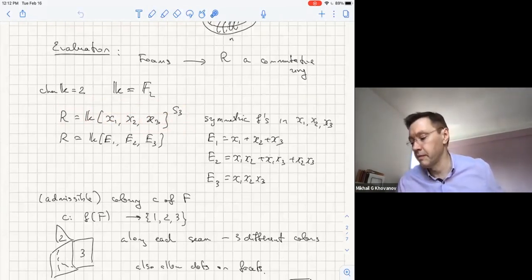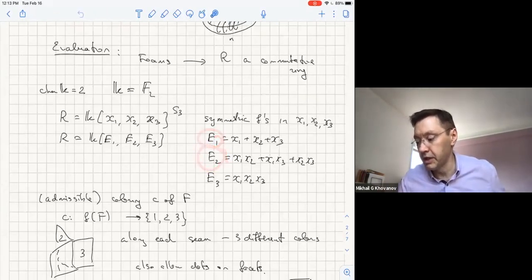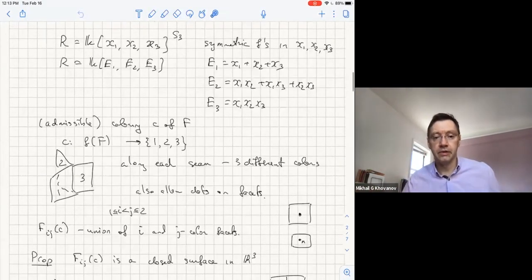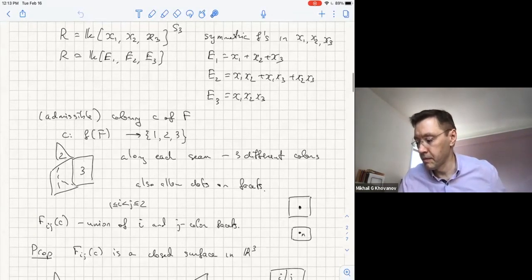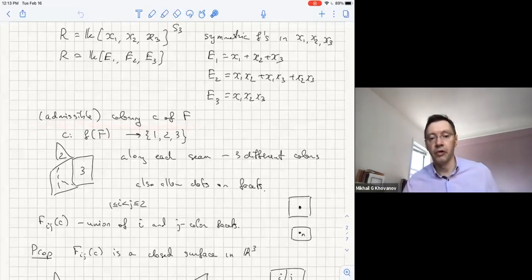So in fact, the foam will give us a symmetric polynomial, which we can write as a polynomial in elementary symmetric functions E1, E2, E3 in the x's. To define this evaluation, this invariant, we introduce the notion of admissible coloring C of the foam.